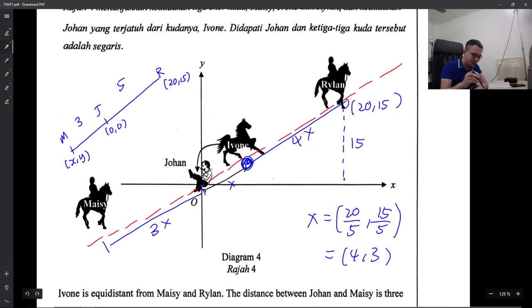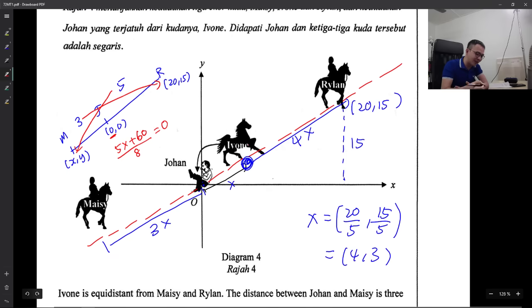So, okay, let me save some space and I'm going to write here. You might find it a bit messy, but just bear with me. Alright, so we know this formula is crossover multiply, right? So I will do 5 multiply x, and 3 multiply 20, which is 60, over 3 plus 5, which is 8, equals the middle coordinate, which is 0.